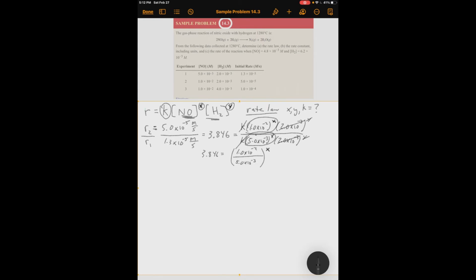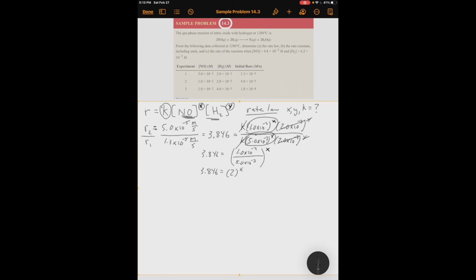That allows you to do the division within the parentheses. So 1.0 times 10 to the minus 2 divided by 5.0 times 10 to the minus 3. That's 0.01 divided by 0.005, so that's 2. So that means that 3.846 is equal to 2 to the x. Okay?